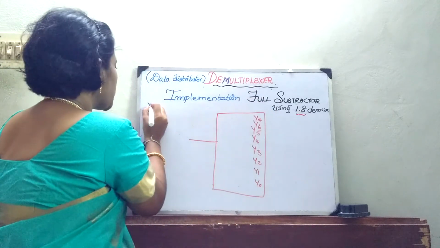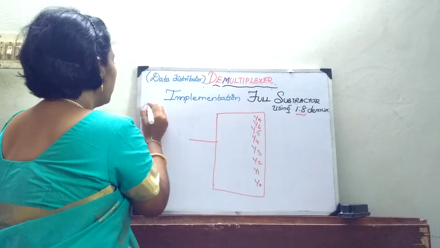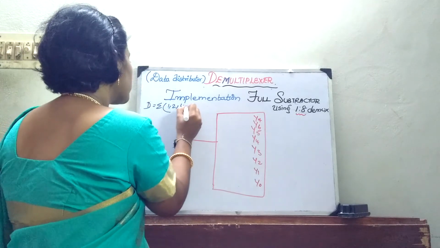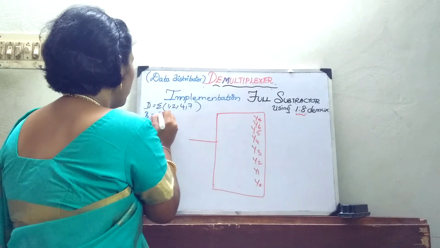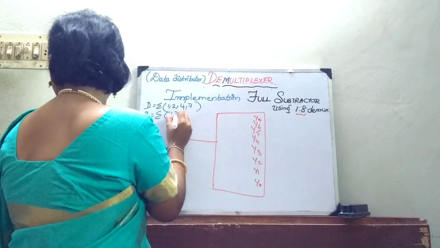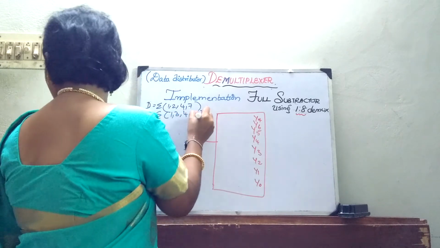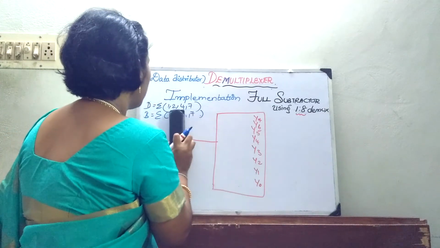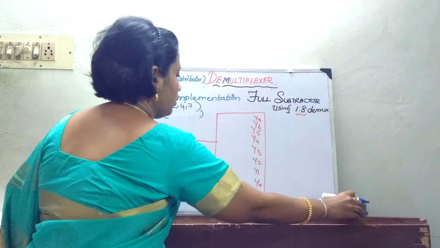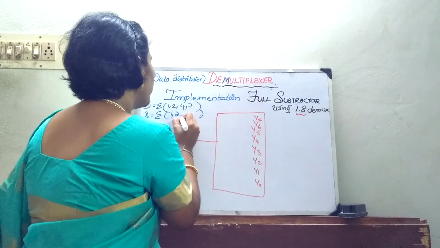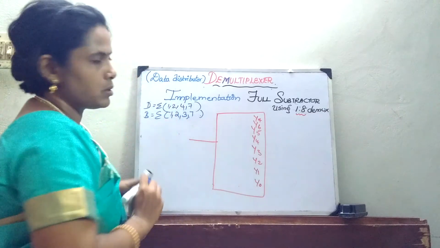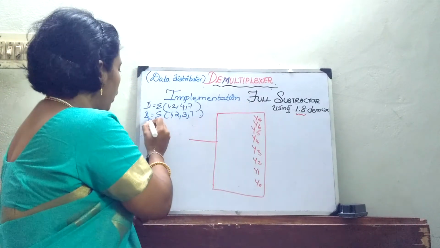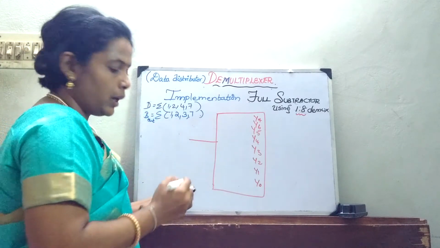So I'll write the expression here. Difference is summation 1, 2, 4, 7 and borrow is equal to summation 1, 2, 3, 7. When you know the full subtractor, you will know the difference and the borrow out expressions. Now what you have to do?